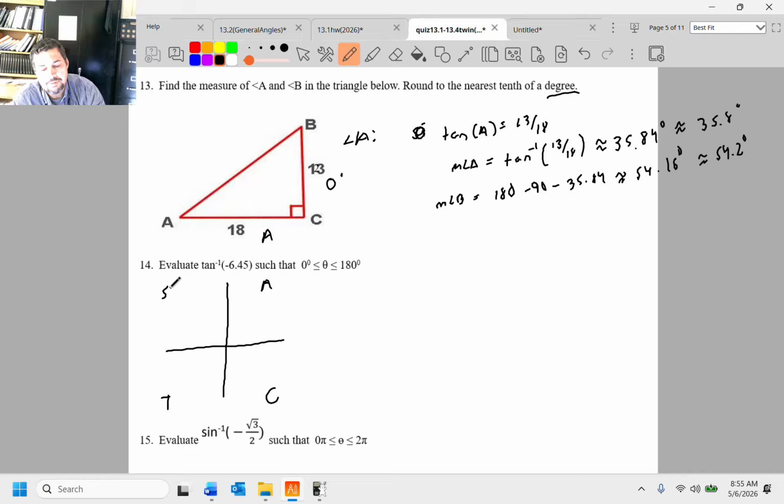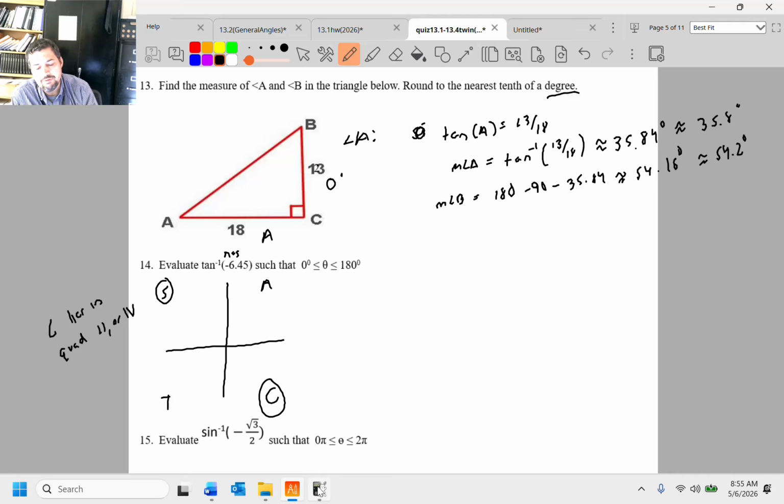All trig ratios positive, sine and cosecant are positive, tangent and cotangent are positive, cosine and secant are positive. For this to be negative, the angle is actually in one of these two quadrants. It lies in either quadrant 2 or 4 for that to be negative.